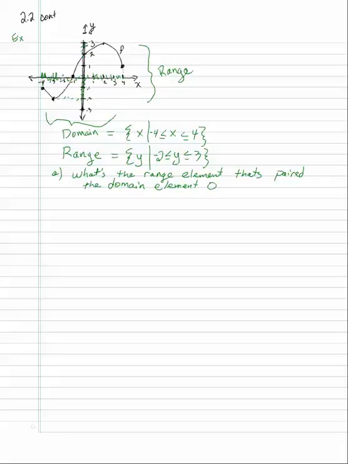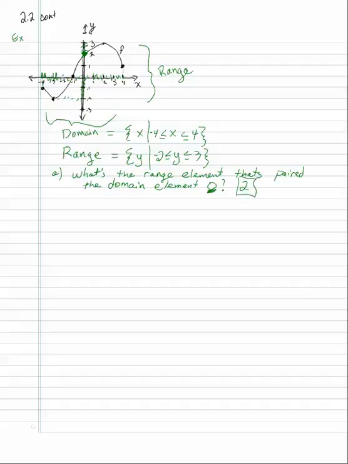Remember, the domain element is the x's, so if x is 0, go to the x-axis. Here's the point on the graph. So that's the point 0, 2. So the range element would be 2. 2 is paired with 0.